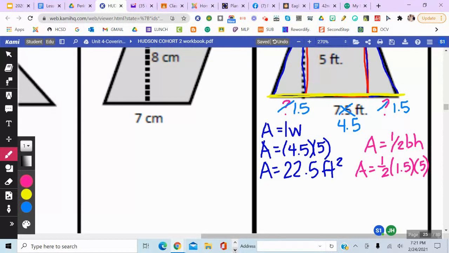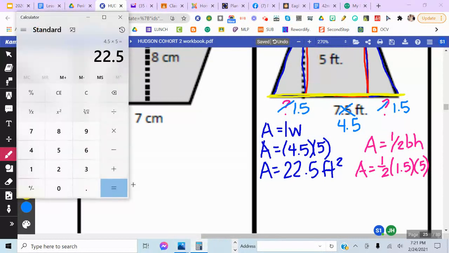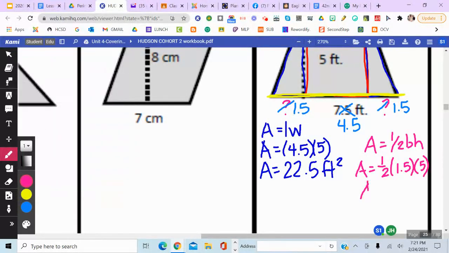I'm using my calculator on my computer here, and I don't know how to do fractions on this, so I'm going to turn that 1/2 into a decimal and multiply that way. But you guys can use fractions if you want. So I get 3 75/100 is my answer, feet squared.